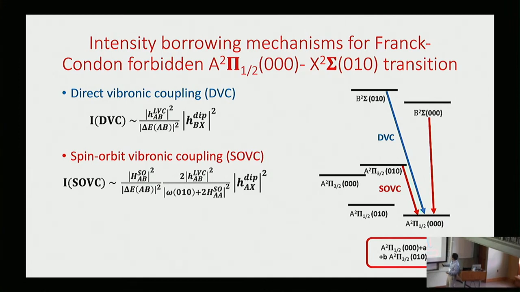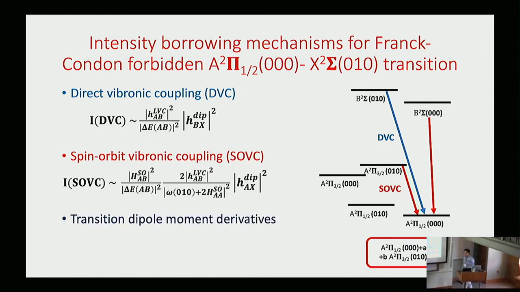So eventually, the reason that we have the nominally forbidden transition is that the wave function for this state will actually mix in the v=1 bending mode of the B state and the v=1 bending mode of the pi3½ state. And these two can make a transition to the v=1 bending mode of the ground state.